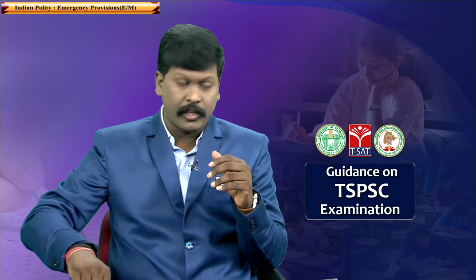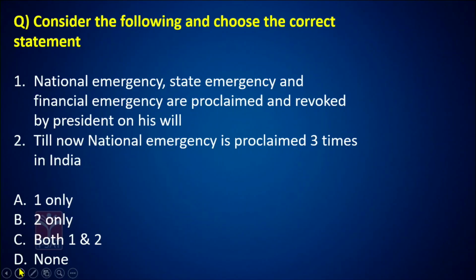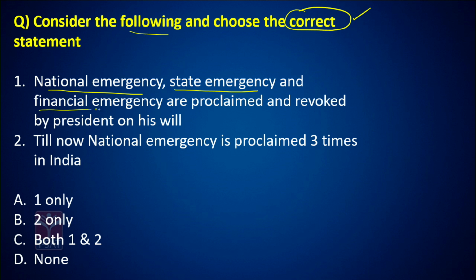Now look at the question, friends. It says, consider the following and choose the correct statement. See, these keywords are very important. You need to round them up. There are two statements given. National emergency, state emergency and financial emergency are proclaimed and revoked by the President of India on his will.